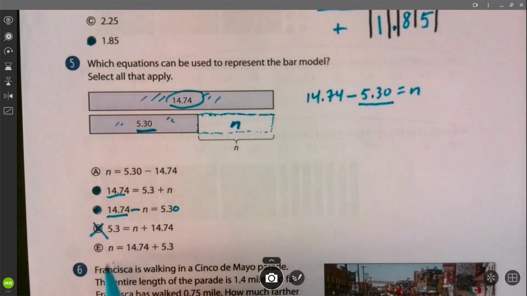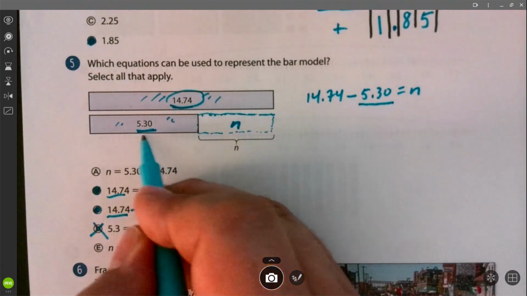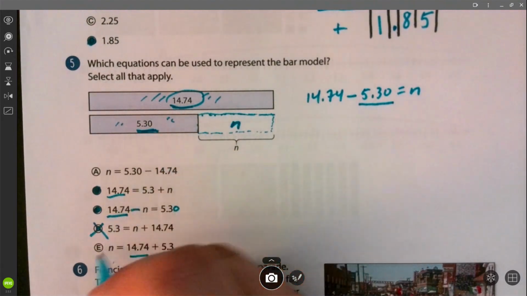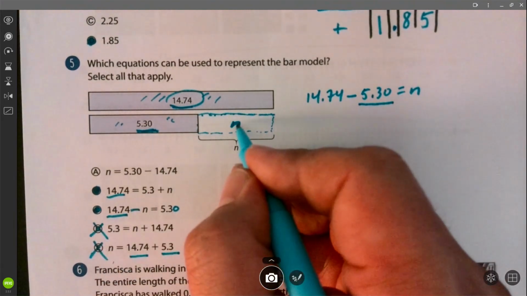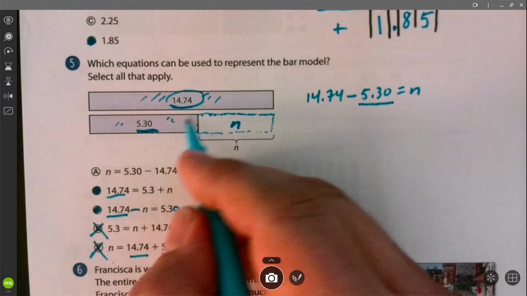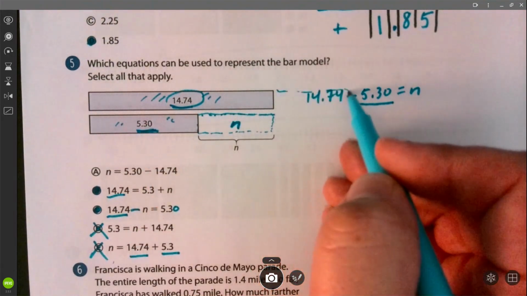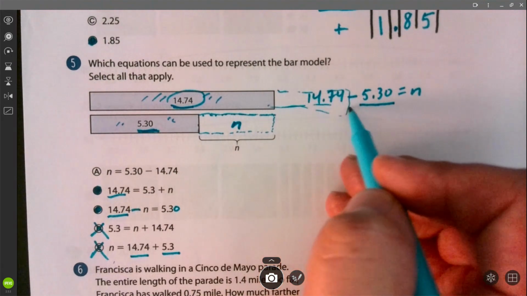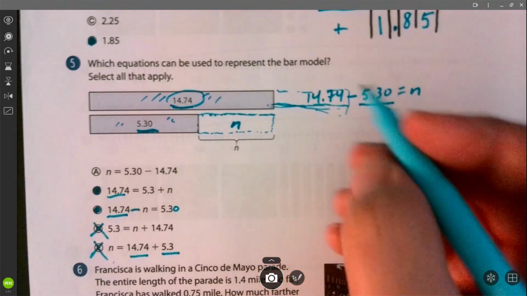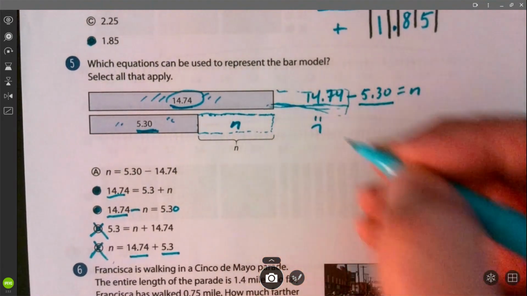No. They're saying that n is equal to the sum of this number and this number. No. That's way smaller than that long bar there. And if you put this other one here next to it like that, that'd be way bigger, right? Good rectangle, Mr. V. Really good rectangle.